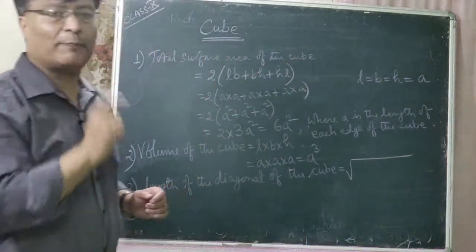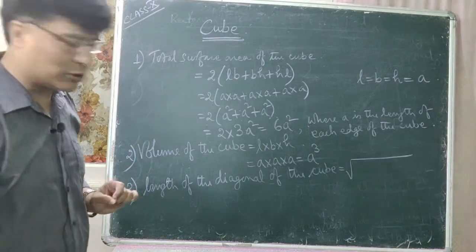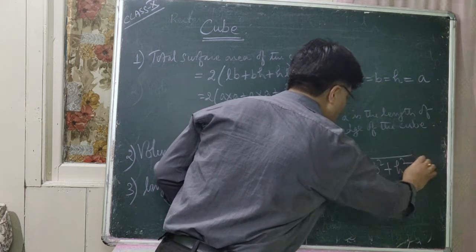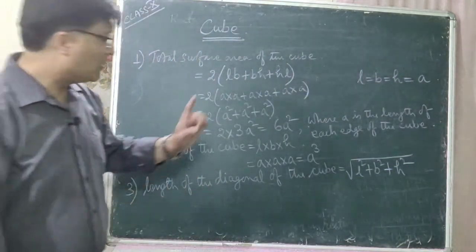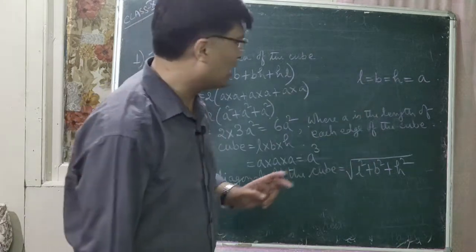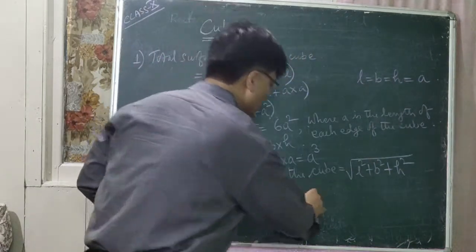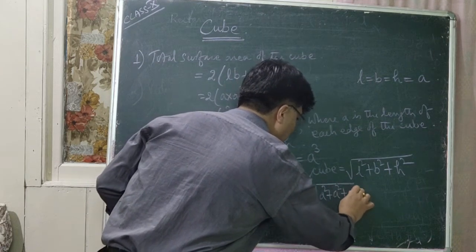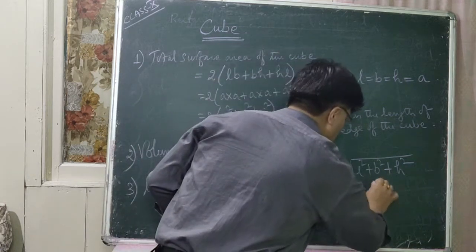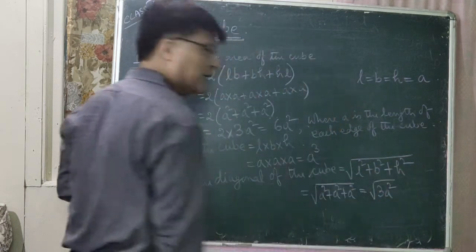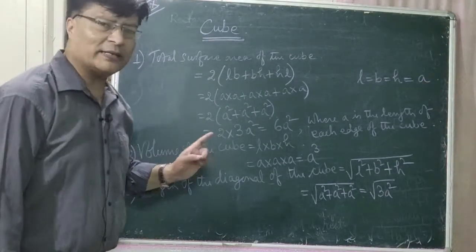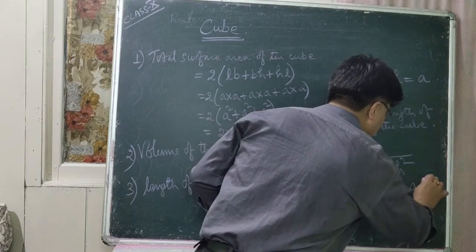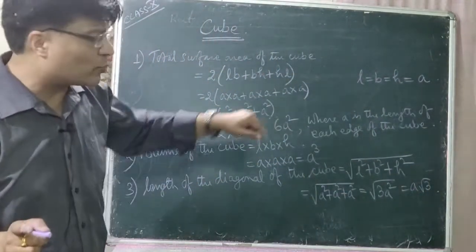First write the formula of the rectangular parallelepiped. We just derived it earlier, that is root over L square plus B square plus H square. But in a cube, length, breadth and height are all equal, which is equal to A. So which is equal to root over A square plus A square plus A square is equal to root over 3A square. So you can only get the square root of A square, which is equal to A, and this is root 3. You cannot take the square root of 3.